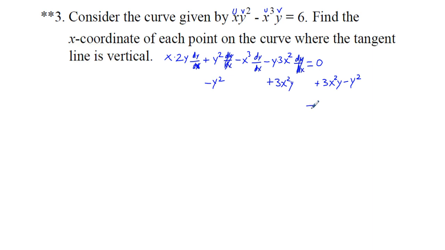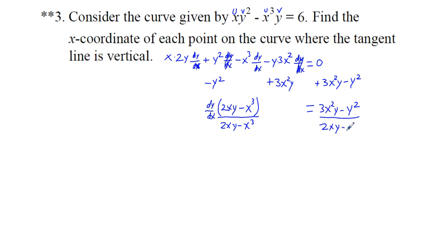Okay, now we're going to go ahead and factor out this dy dx. So the left side we have dy dx times quantity 2xy, and we're going to have minus x cubed is equal to 3x squared y minus y squared, and then we're going to divide by 2xy minus x cubed.